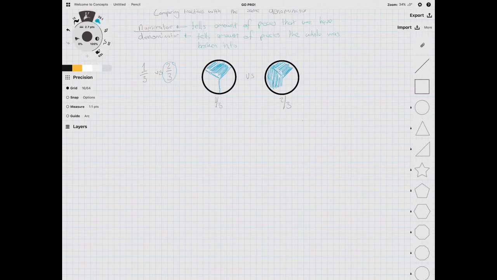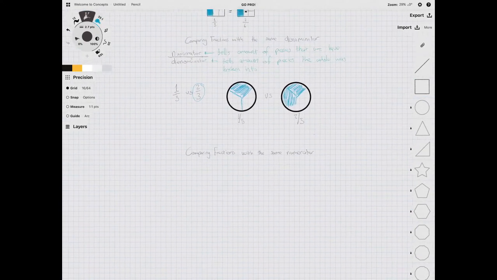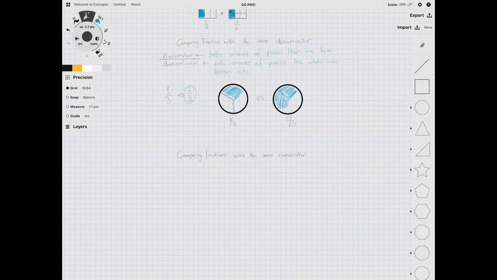So let's just start by writing our little subtitle here. Now, as we discussed earlier, the numerator tells us how many pieces we have. So this is going to be saying, if we've got the same amount of pieces, but the pieces are different sizes, which of these things is bigger?